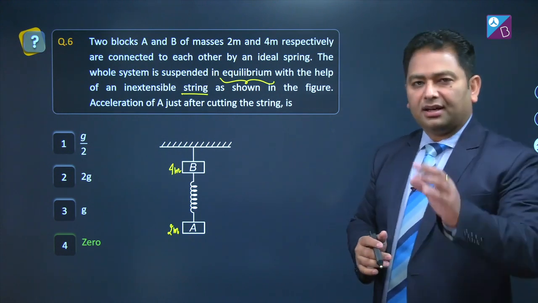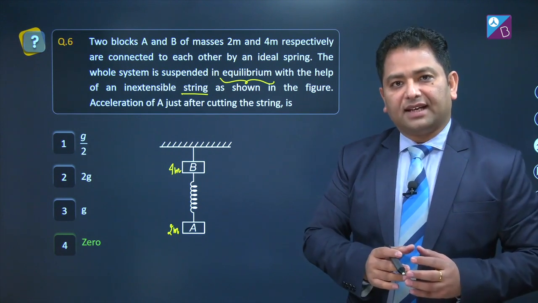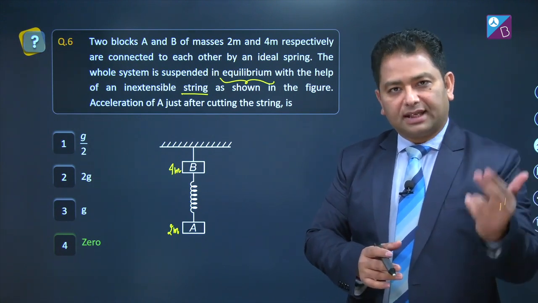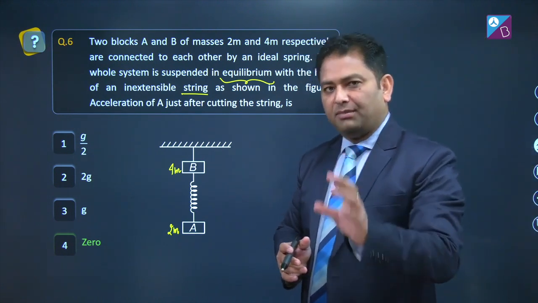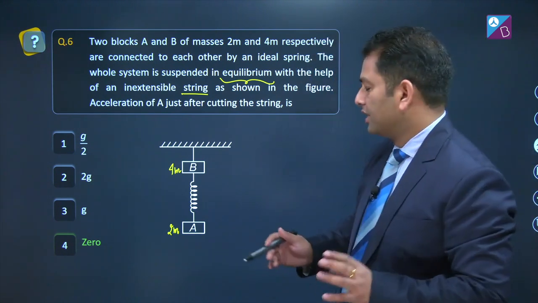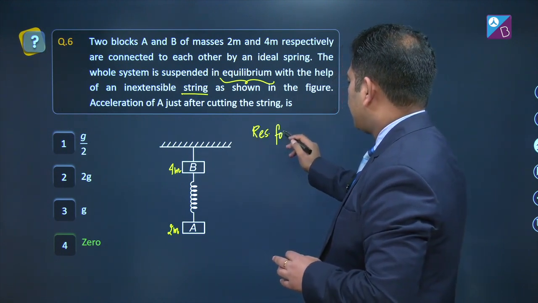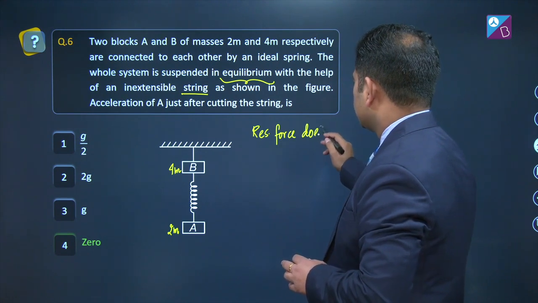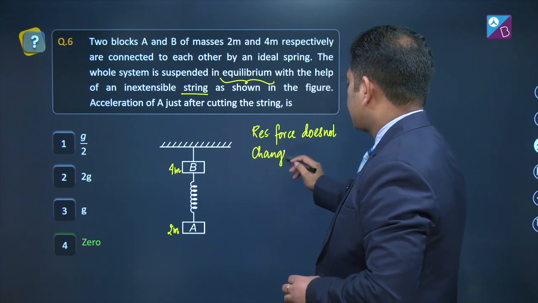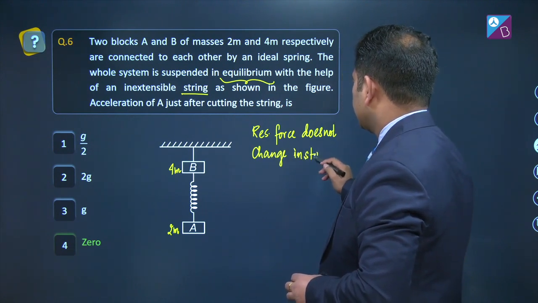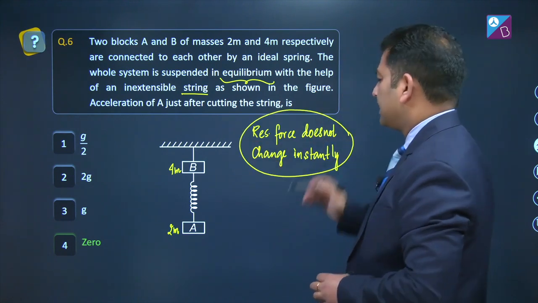Now remember, this is again another important question. एक concept आपको ध्यान देना है कि जैसे आप string को cut करते हैं, the moment you cut the string, the tension will change immediately, but this particular restoring force does not change instantly. The underlying concept is this, जो restoring force है, वो instantly change नहीं हो सकता.